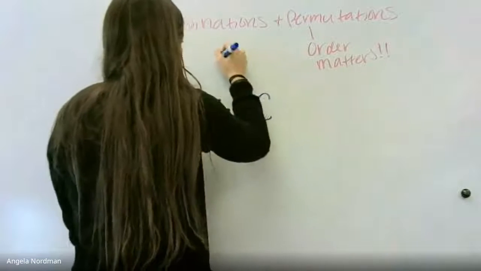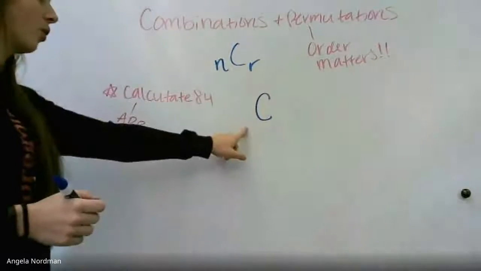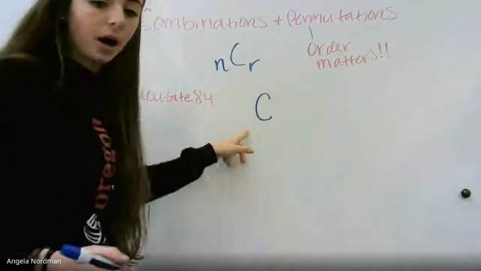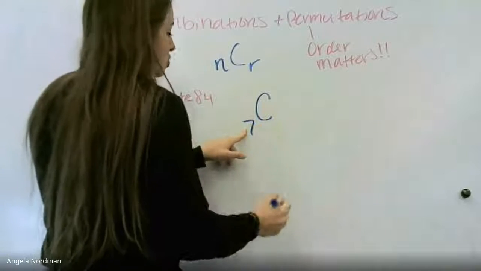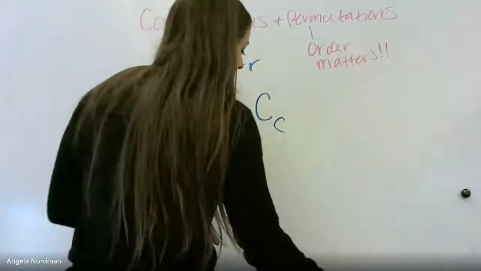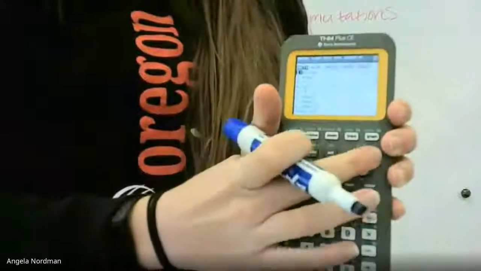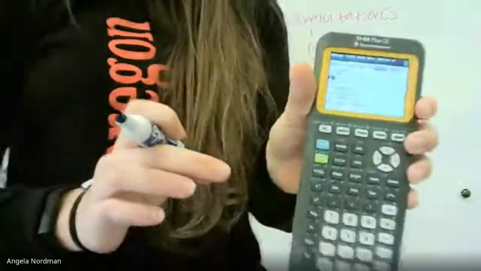This looks the same way. It's nCr. Again, over here is how many total do we have to choose from? There are 7 colors of the rainbow, so we have 7 to choose from. How many are we choosing at a time? 3. This time, we still go to math, we still go over to prob, but we go down to nCr.